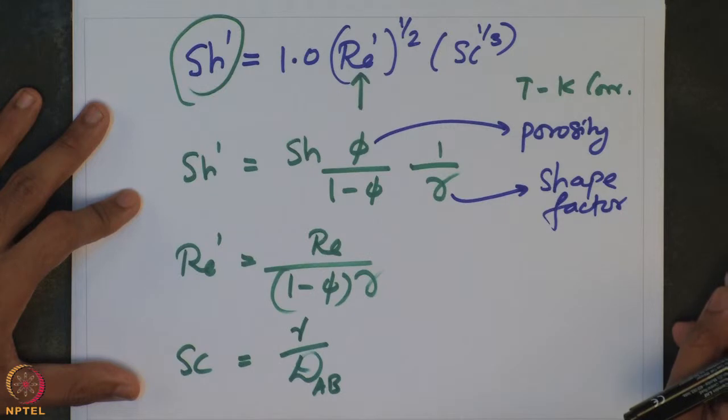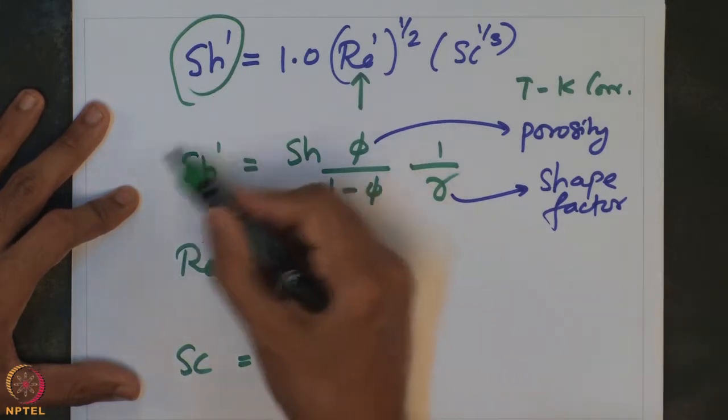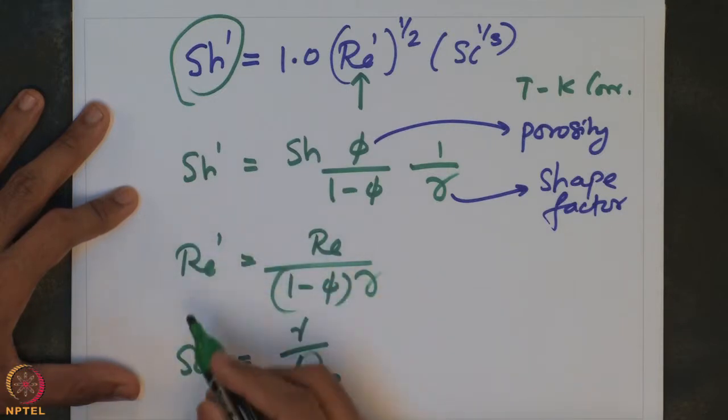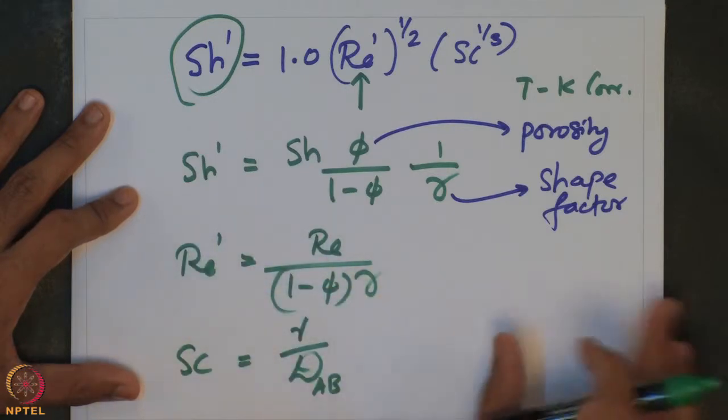Now, if we know the parameters of a given system, we should in principle be able to estimate the modified Sherwood number, modified Reynolds number and the Schmidt number.